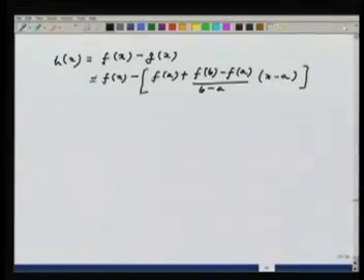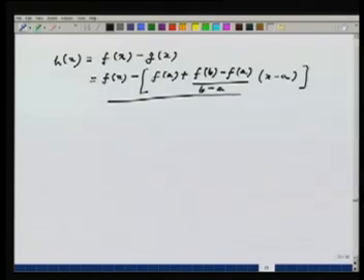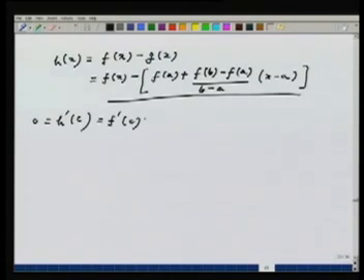So let us try to calculate that. Our definition of h is given as this: h(x) equals f(x) minus g(x), which is f(x) minus this quantity. So if I look at h prime at C, which I know is equal to 0, that would give me f prime C minus f(a) is a constant, so its derivative is 0.